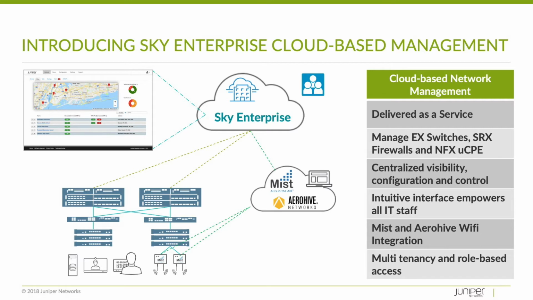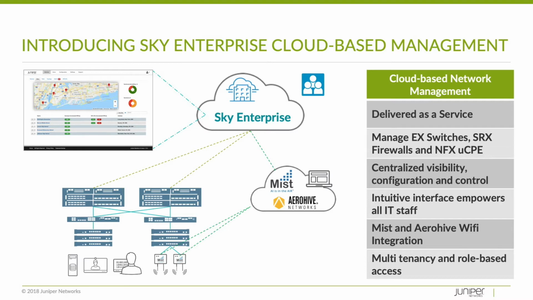All communication is secure, and importantly, devices call home to Sky Enterprise. So there's typically no need to change firewall rules to enable the service. And if you run Aerohive or Mist Wi-Fi access points, Sky Enterprise includes a simple integration that will give you visibility of those devices in the Sky Enterprise portal.